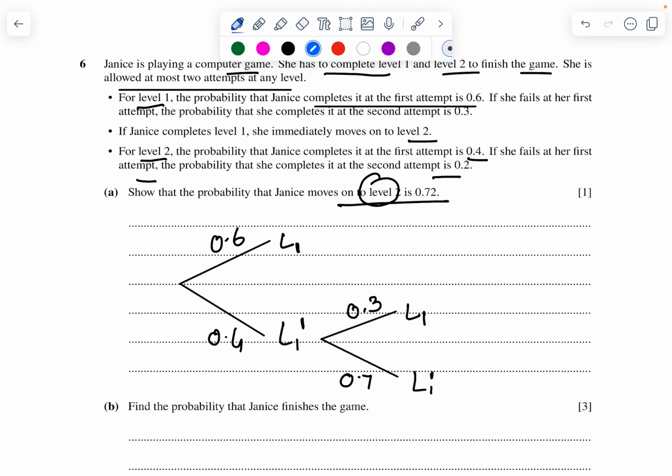She moves to level 2, then she completes it in the first attempt. Level 2 complete is 0.4, not complete is 0.6.